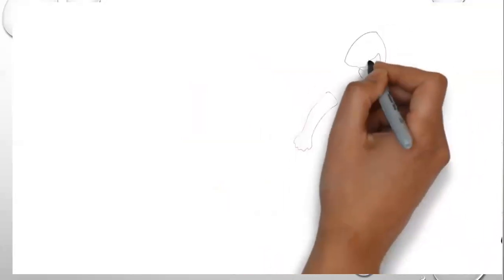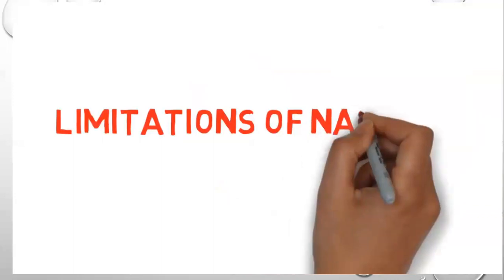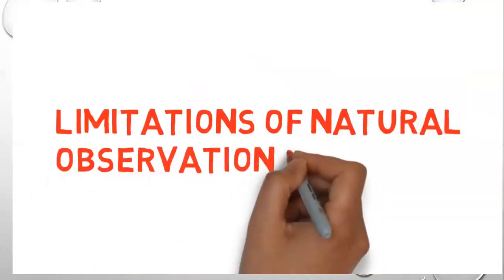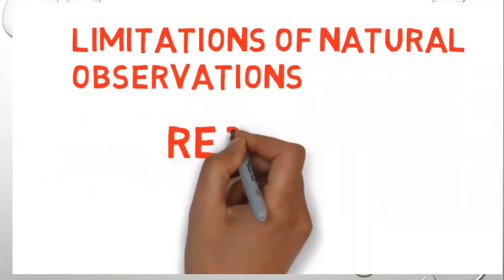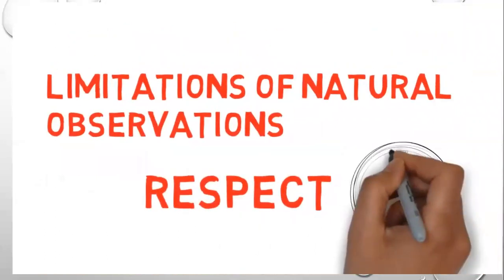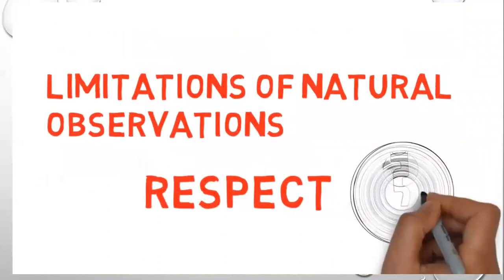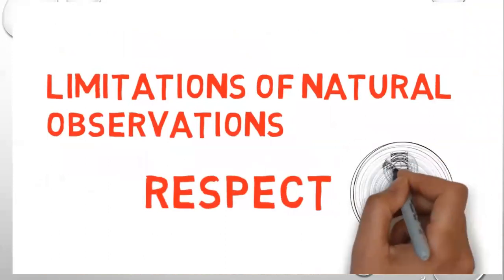However, at the same time, at least with regards to humans, there are of course important limitations with respect to this method. First of all, in particular, we must respect people's privacy. Psychologists can't go creeping through people's backyards engaging in naturalistic observation, but, importantly, must conduct their observations only in public.